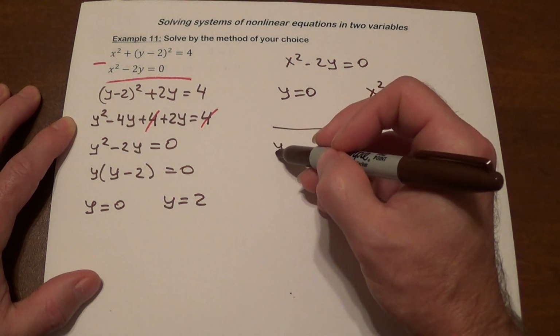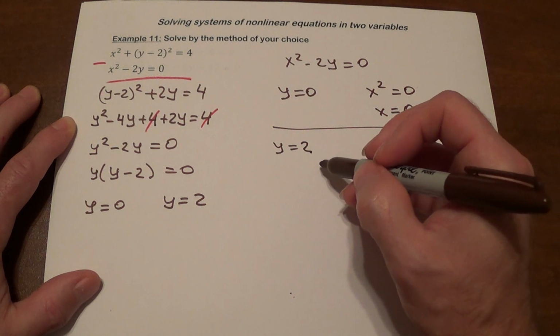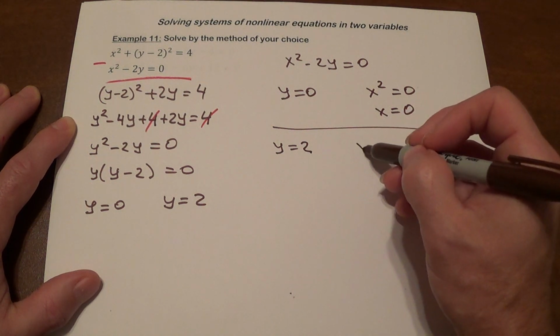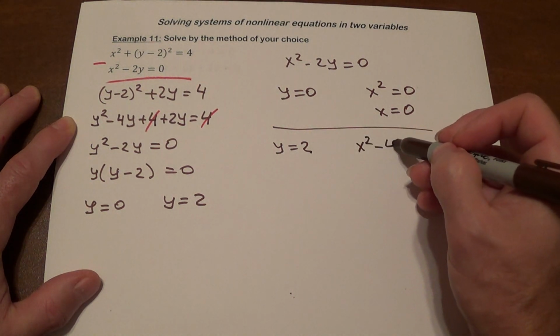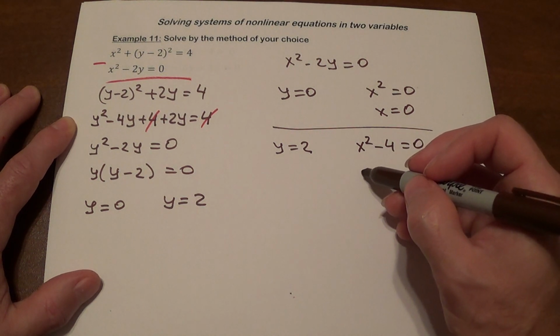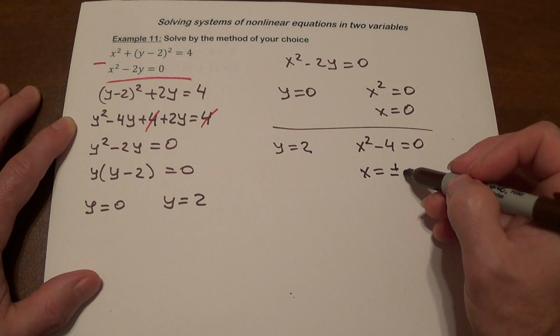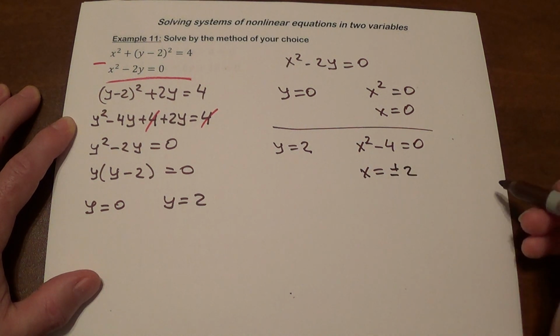When y equals 2, we're going to have x squared minus 4 equals 0, which gives us x equals plus or minus 2, right?